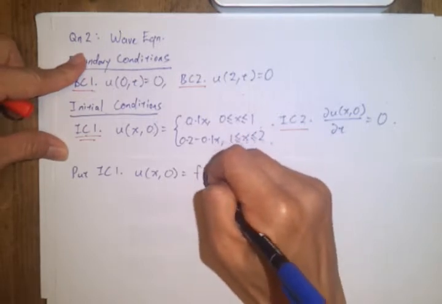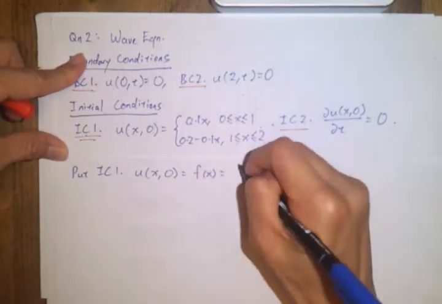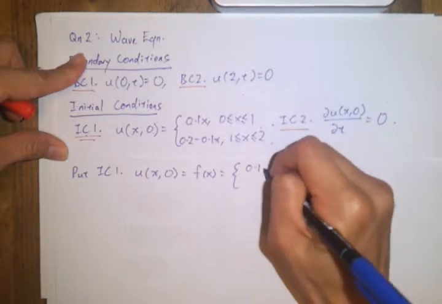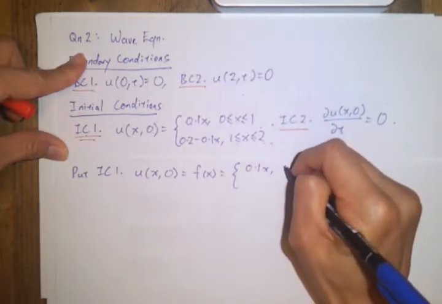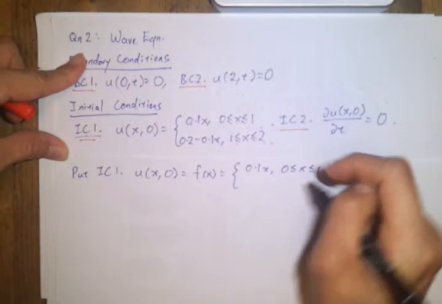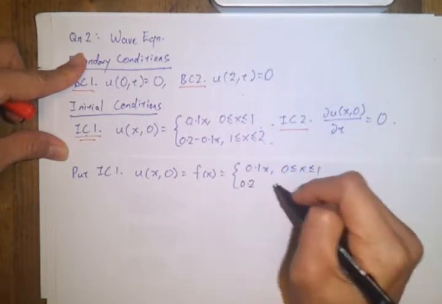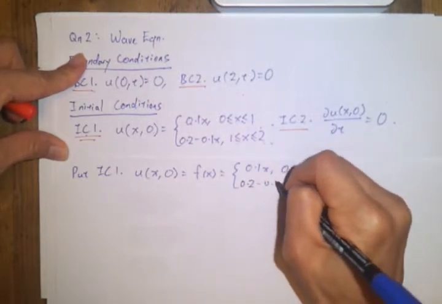Let me just call this f(x), and f(x) is defined like that. You can see it's just a function of x, 0.1x or 0.2 minus 0.1x.